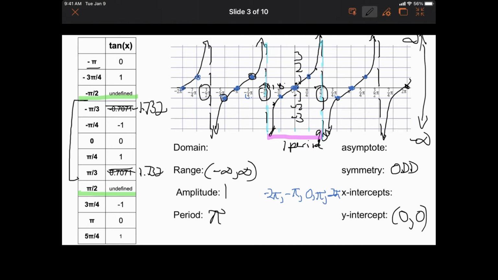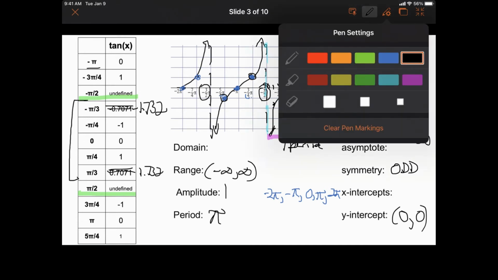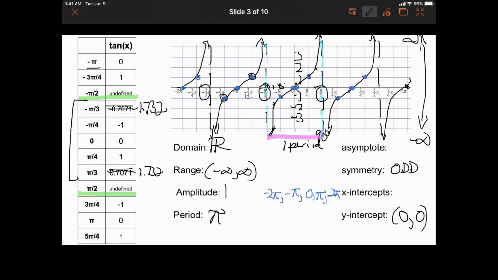You can see that it's not all real numbers, clearly. For this, I'm going to write it in set notation because it's easier than interval notation. So it's all real numbers except x can't be something. Let's look over here at our asymptotes.